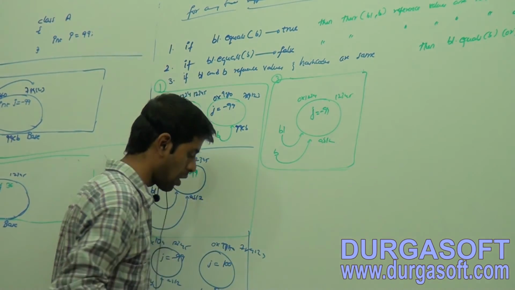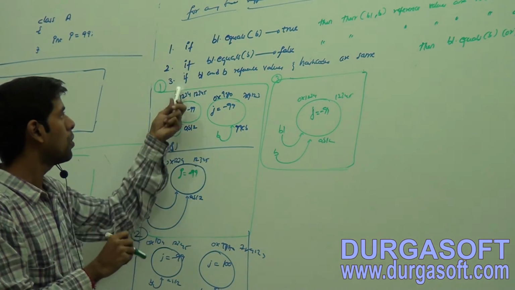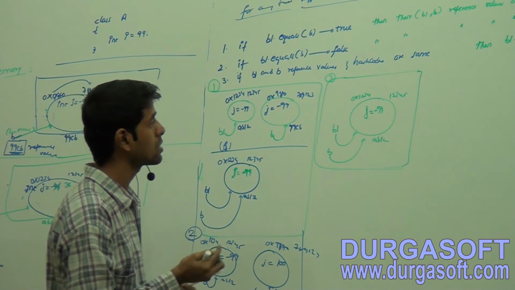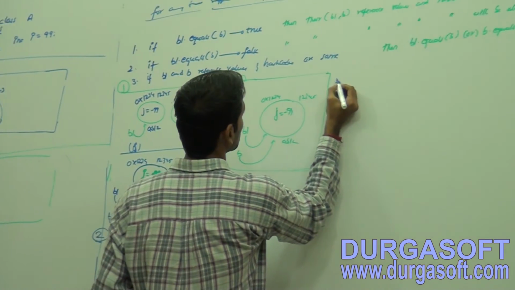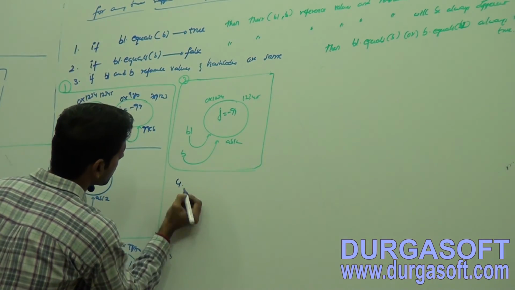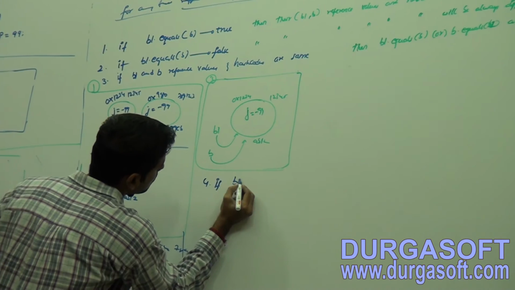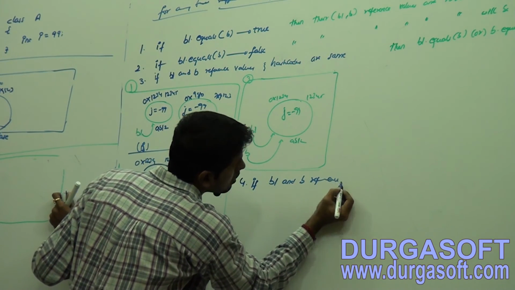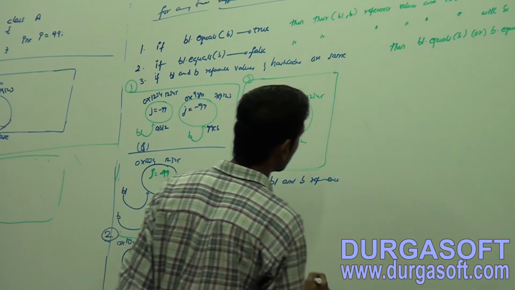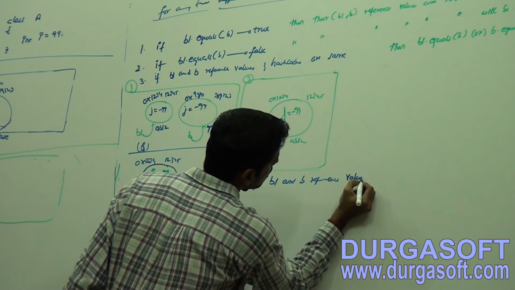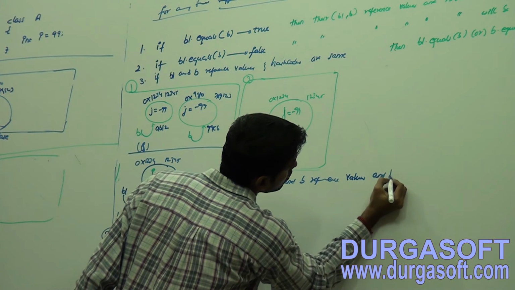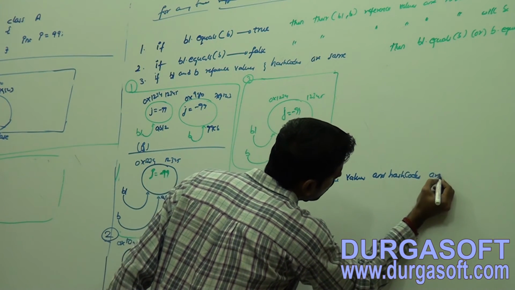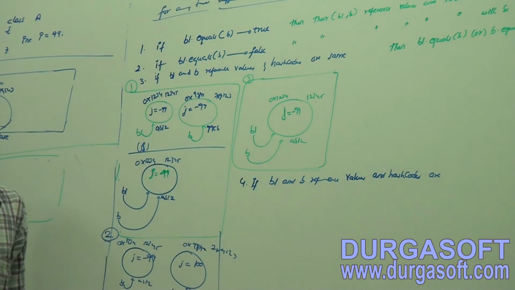Now let's go for the fourth scenario, the reverse combination of the other scenario. Observe what that means. If b1 and b reference values and hash codes are different, getting?